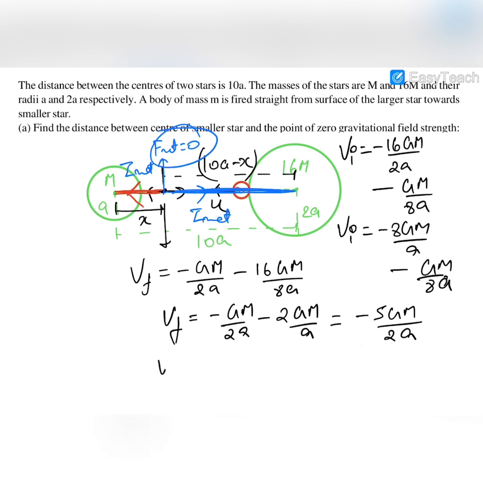Okay, and the initial potential was minus 65 GM by 8a, because 8 into 8 is 64, plus 1 is 65.